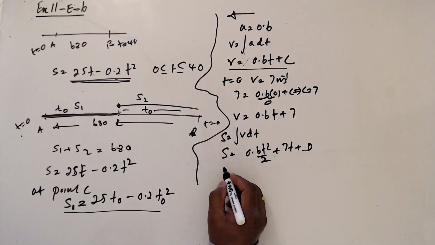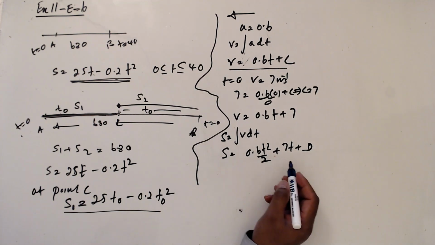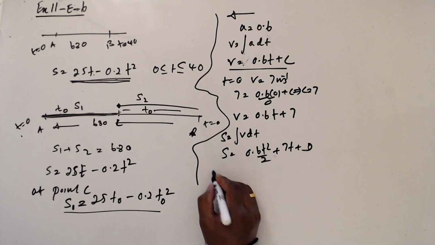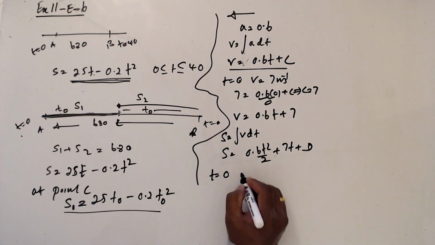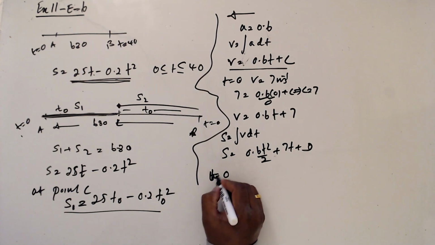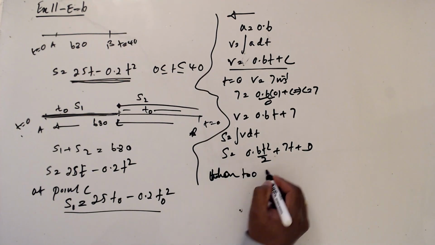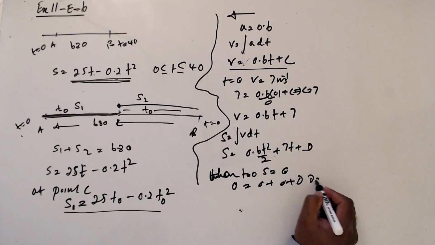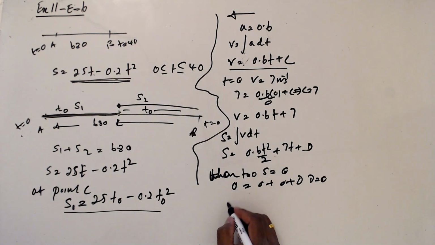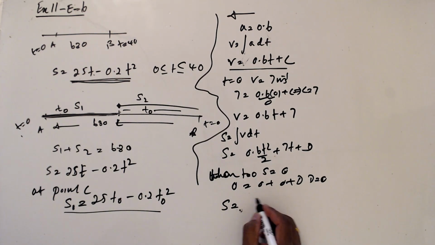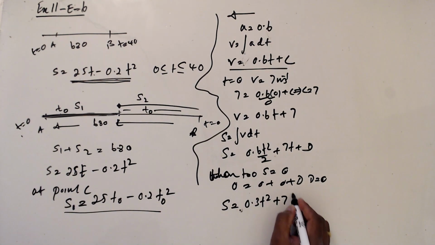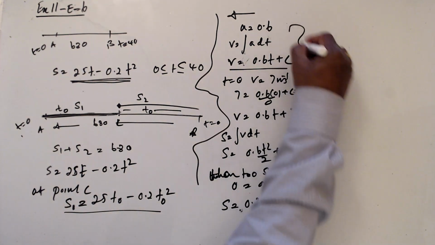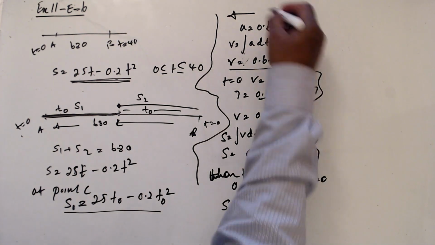Now we know that when t equals 0, s equals 0. When you substitute, 0 equals 0 plus d, so d equals 0. So we found the equation is s equals 0.3 t square plus 7t for this direction.